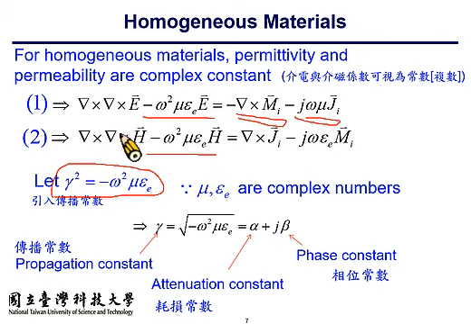On the other hand, the magnetic field is produced by spatial variation in electrical current and time domain variation in magnetic current. Okay?